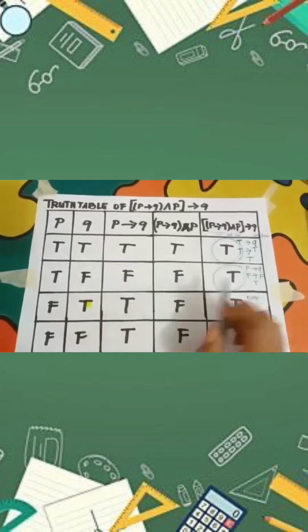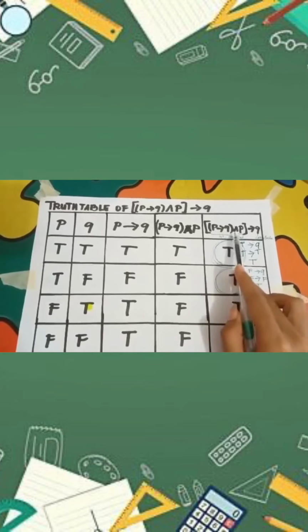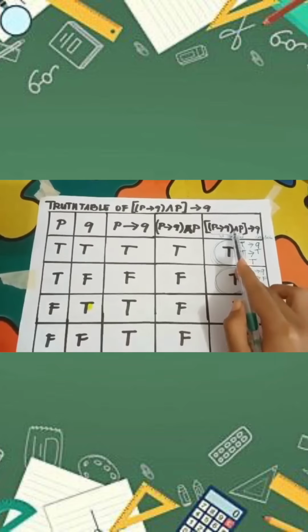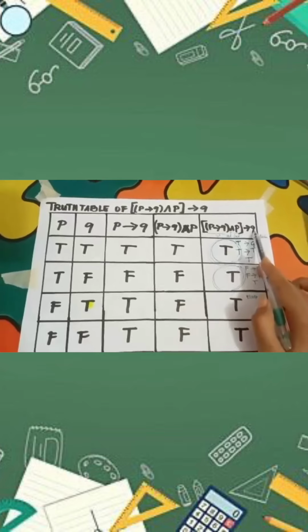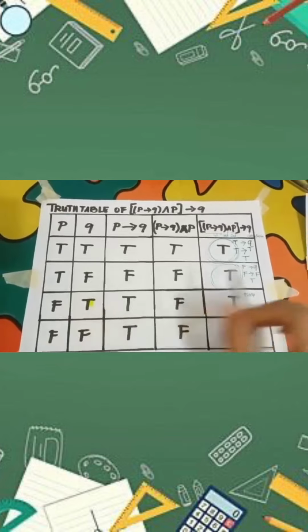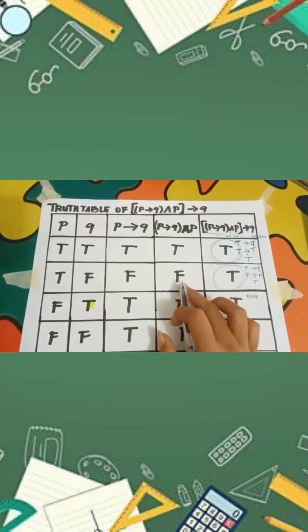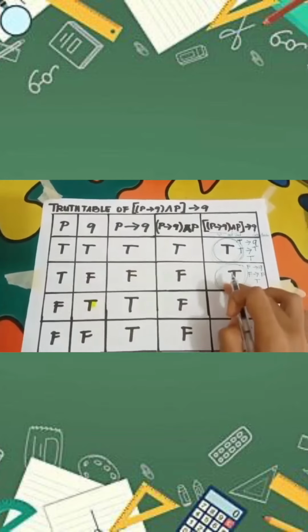Next, if our first and second premise is false and our variable q is false, so false implies false is true.